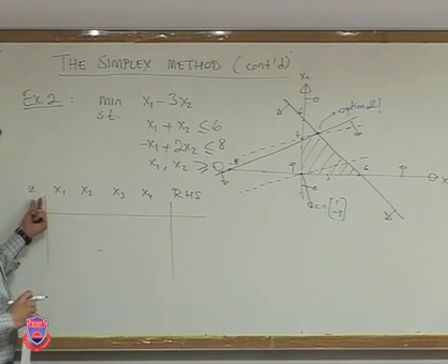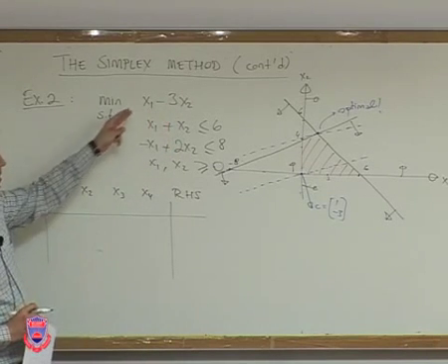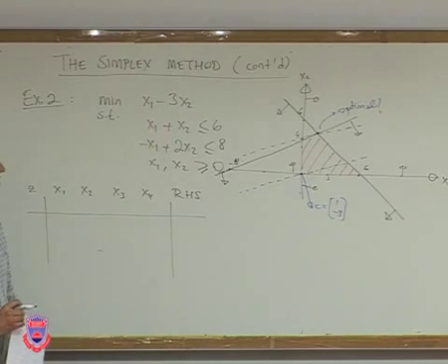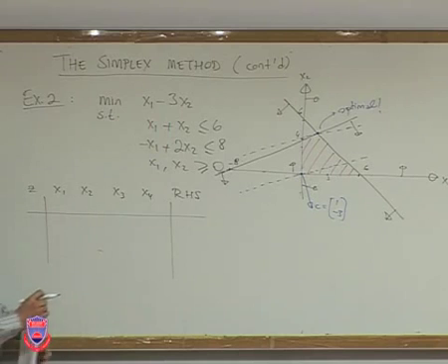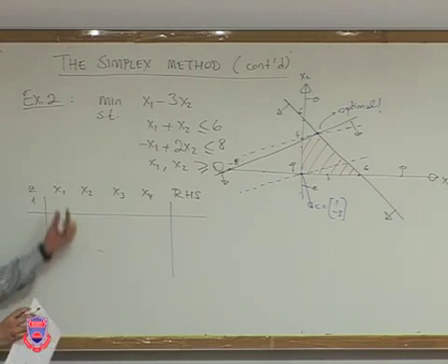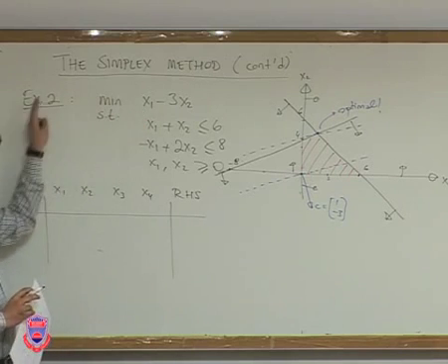Remember, z was the dummy variable that we defined for the objective function, so z is equal to x1 minus 3x2. If I put everything on the left-hand side, I have an equation in terms of z, x1, and x2. What are my coefficients? The coefficient of z is 1. The coefficient of x1 will be minus 1, so be careful about that, since I'm putting everything on the left-hand side.